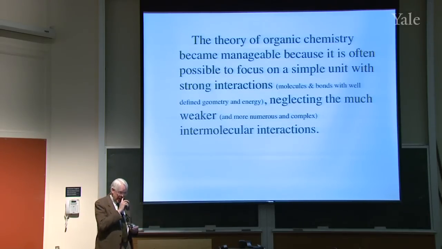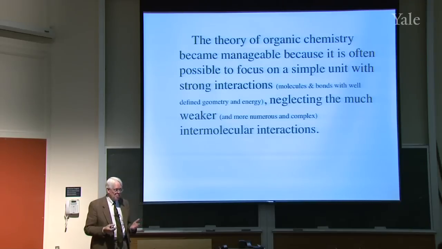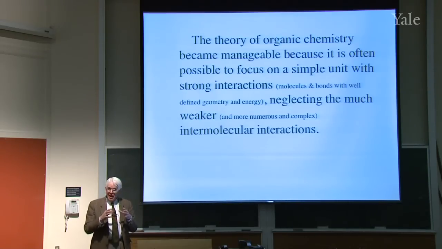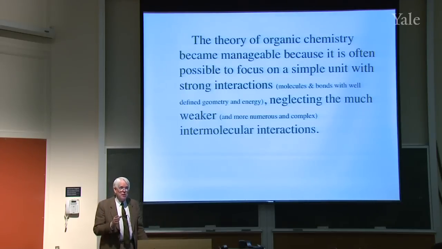So the theory of organic chemistry became manageable in the first place when people started studying gases, as you remember, because it's often possible to focus on a simple unit with strong interactions. Molecules are the individual units, and bonds within them are the strong interactions with well-defined geometries and energies, as we discussed last semester. And you neglect the much more numerous and complex intermolecular interactions with the solvent, right? But we're going to have to consider those because we're interested not just in the gas phase, but in solution.